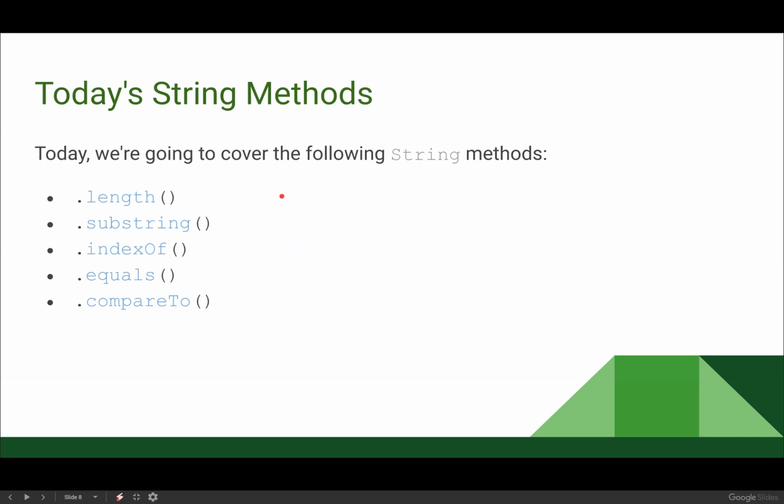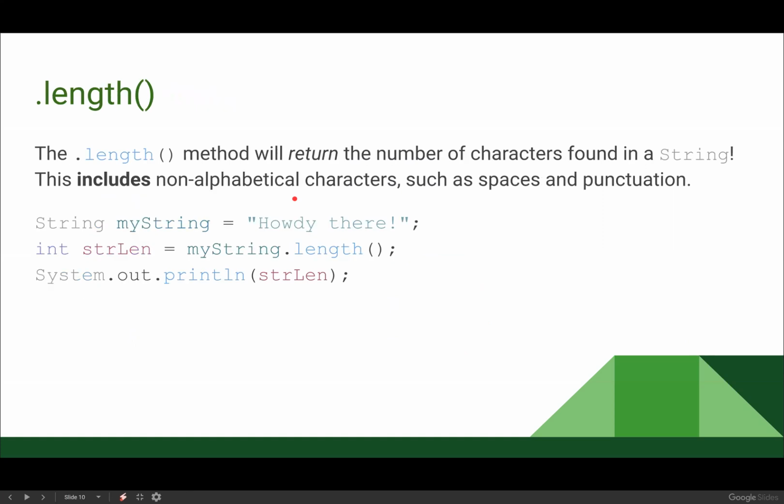So today we're going to cover these different string methods. First, let's look at .length. The .length method will return the number of characters found in a string. And this is going to include any and every character, which is all the letters, all the non-alphabetical characters, which is like spaces and punctuation and numbers. So anything within our quotes is going to count.